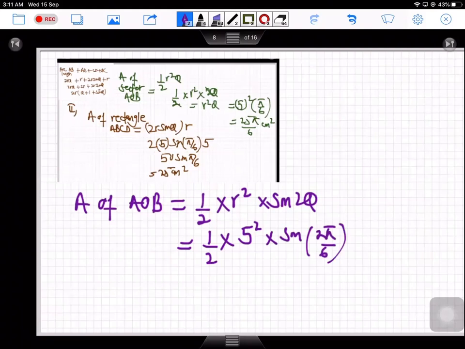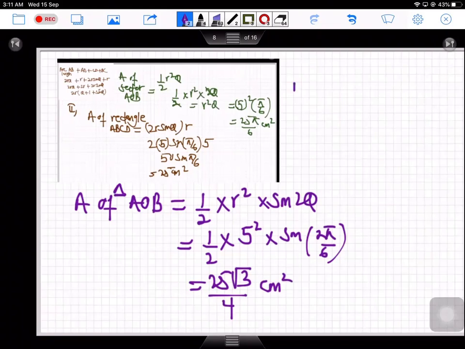So find the value of area of triangle AOB. You can just write that you are finding the area of triangle AOB, not the sector AOB. 1 upon 2 multiplied by 5 square multiplied by sine 2 pi over 6. This is 25 under root 3 over 4 exactly. 25 under root 3 divided by 4 centimeter square.